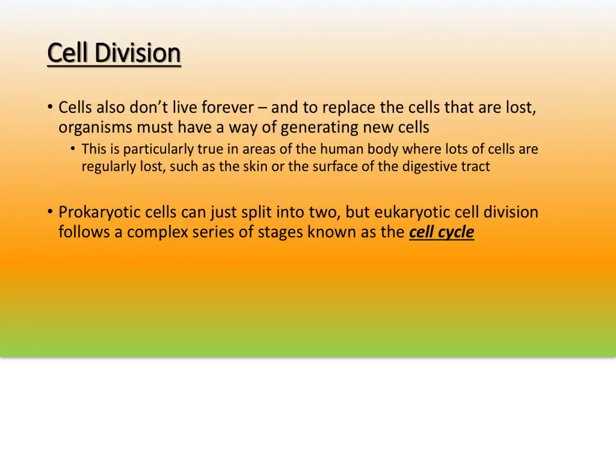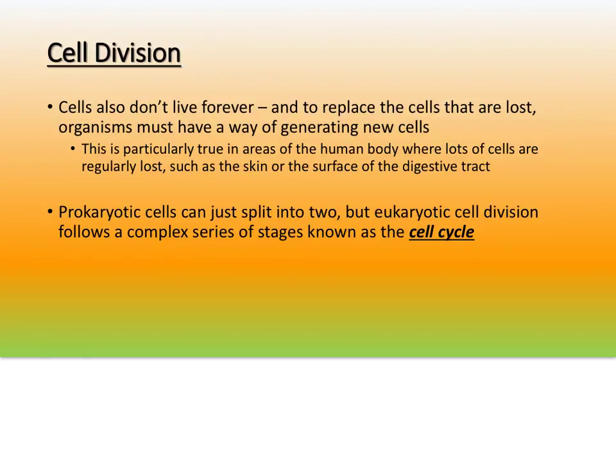Whether we're talking about your hands rubbing up against your paper as you write, or food rubbing up against your esophagus as it moves down that tube after you swallow it, those are abrasive things. So you lose cells there, so we're going to constantly make new cells in the skin and in the digestive tract.